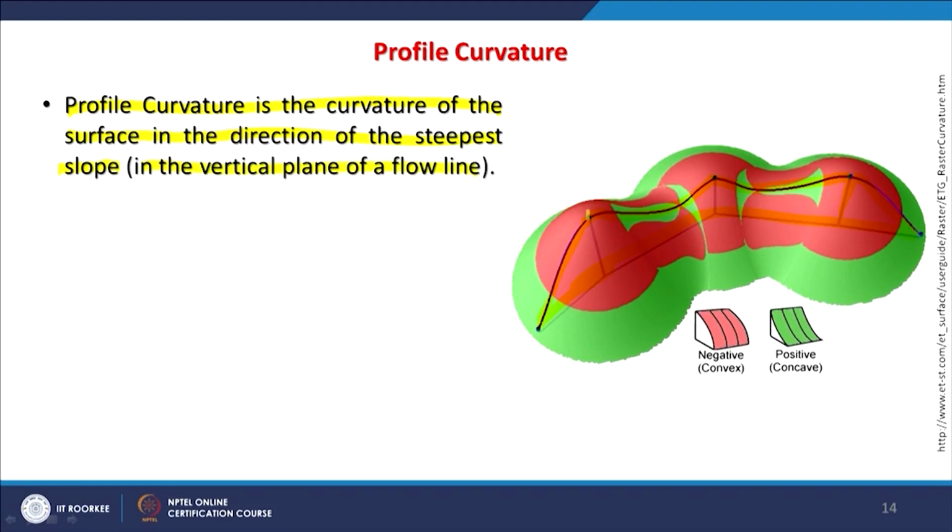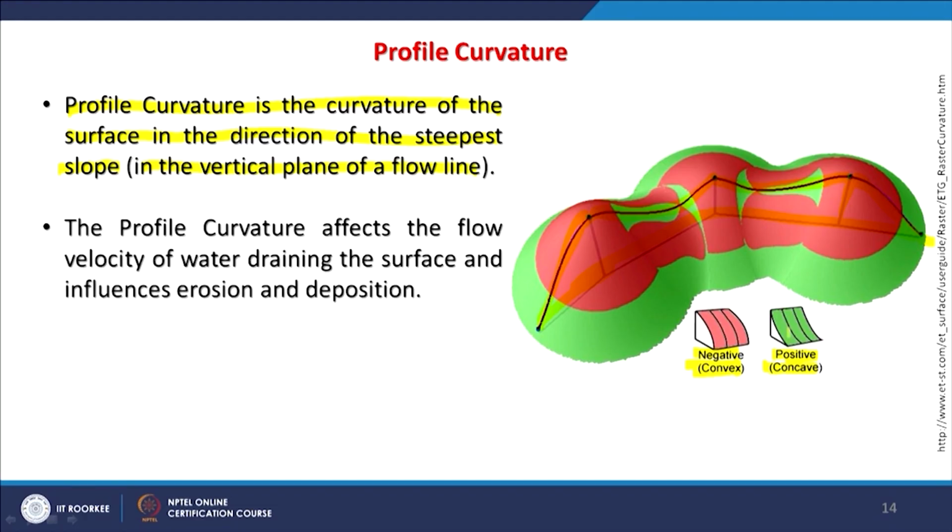So, here now we will consider these slopes which will decide our profile curvature. So, when these are convex, we call it negative, because erosion will occur more on these convex profile curvatures compared to the concave ones, which are shown here in the green color, where the deposition might take place or less erosion will take place. So, profile curvature affects the flow velocity of water draining the surface and influences erosion and deposition.